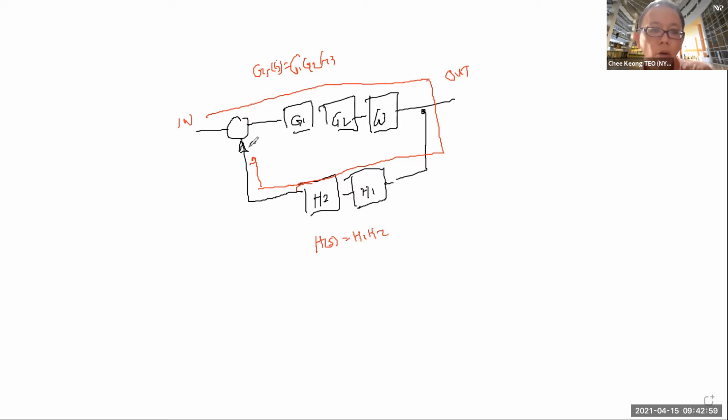So basically, your open loop gain doesn't close. It is called open loop gain because this part here is open. So your open loop gain will be given by G of S multiplied by H of S, and we call this the open loop transfer function.